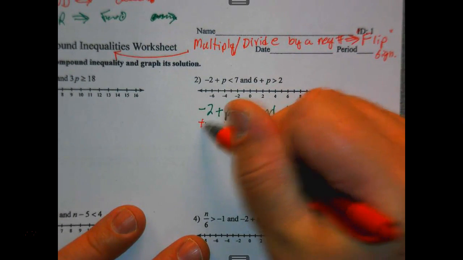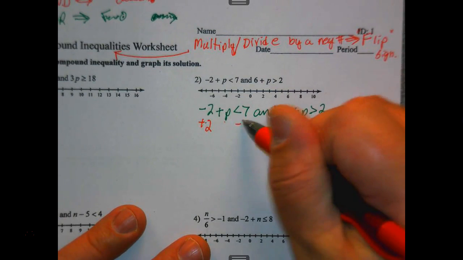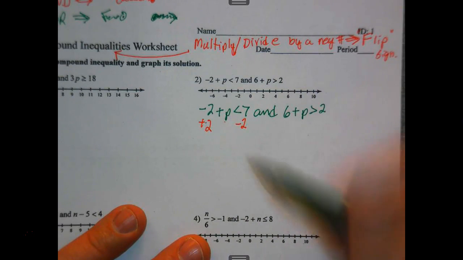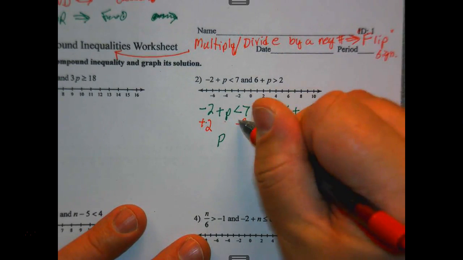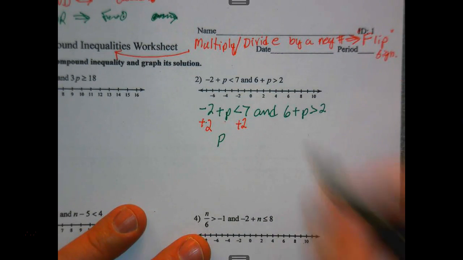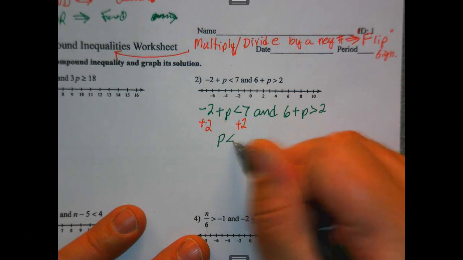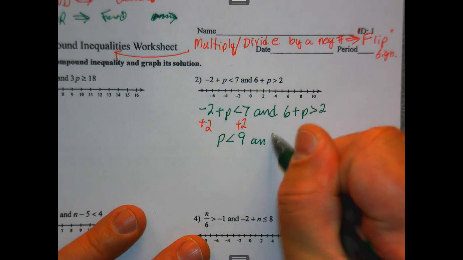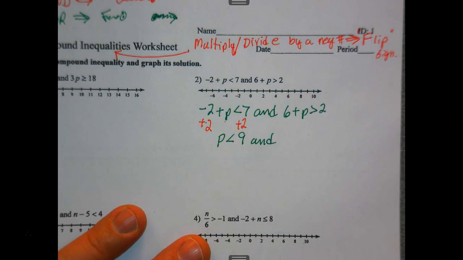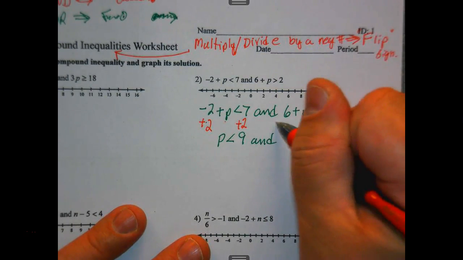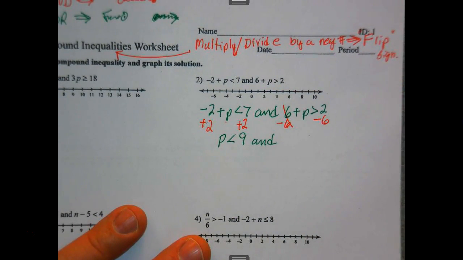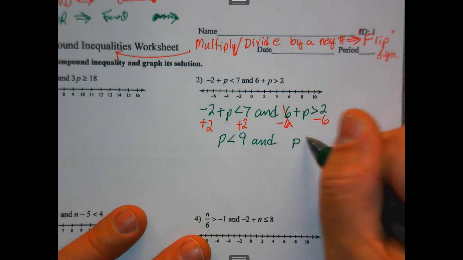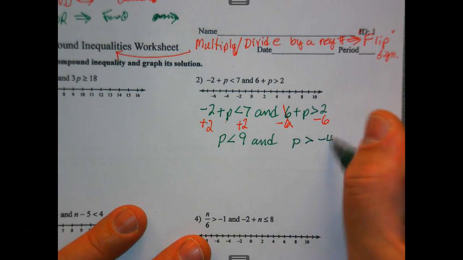So I'm going to add 2 to both sides. I get, oh, this should be a plus. So I get p is less than 9, and I get p is greater than negative 4.